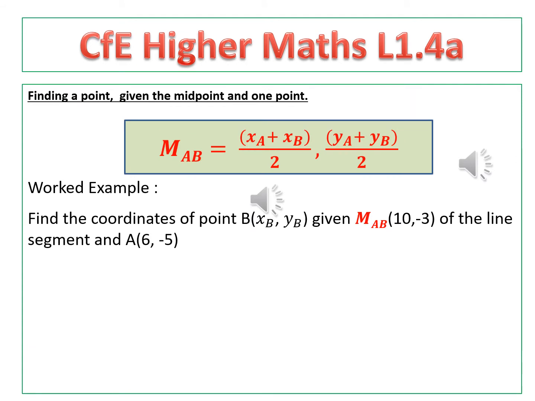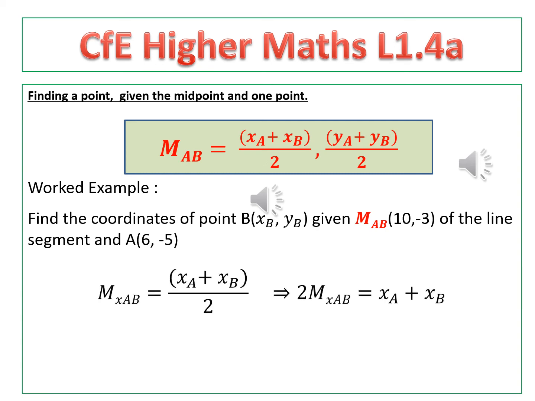For this question, we're given point A, we're given the midpoint, and we're asked to find point B. Notice that I've separated the formula into 2 distinct parts, one for the x coordinates and one for the y coordinates.